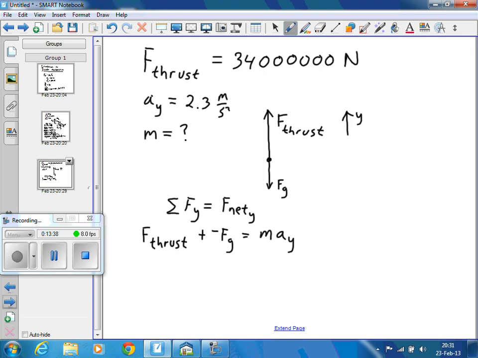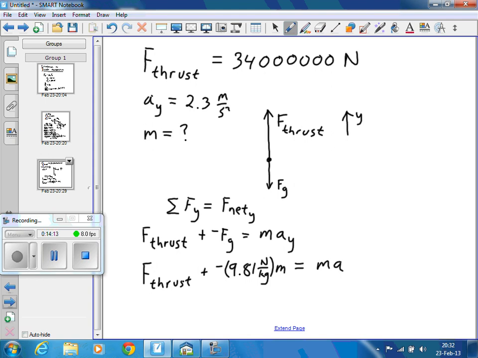But in order to solve this problem, I'm looking for the mass of the rocket. So what I'm going to do is plug in, because I know that the gravity force depends on mass, the equation for gravity force right now. Gravity force is equal to 9.81 newtons per kilogram times the mass.